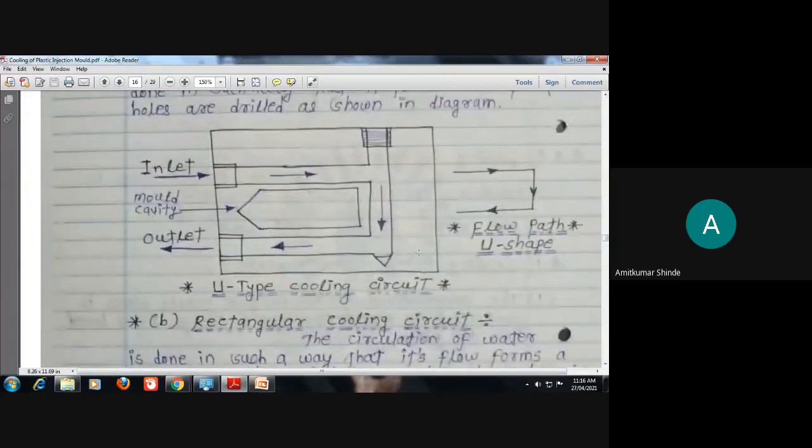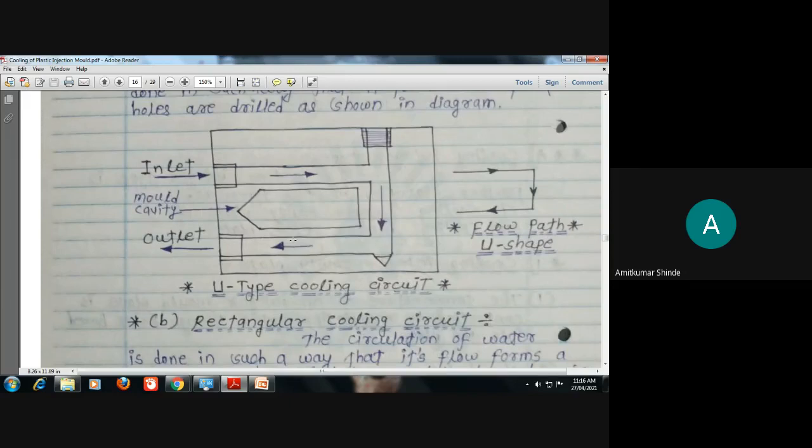Okay, this is one example. Okay, this is U type cooling circuit. Okay, the path or holes or channels through which water or cooling fluid is flowing, it is termed as flowways.